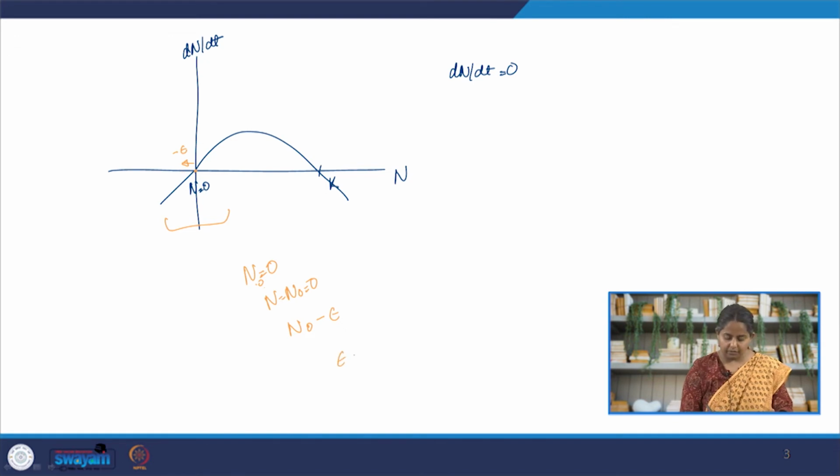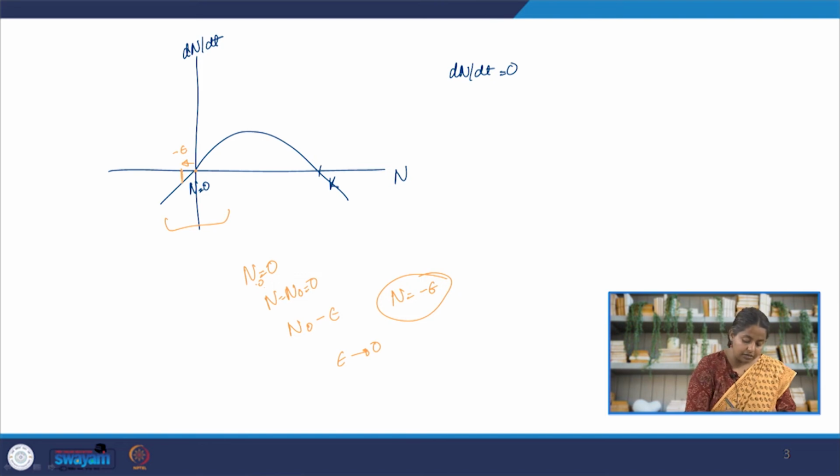Epsilon here is very small, it tends to 0, right. So a very small perturbation to the left side. So now instead of being at n equal to 0, I am at n equal to 0 minus epsilon.